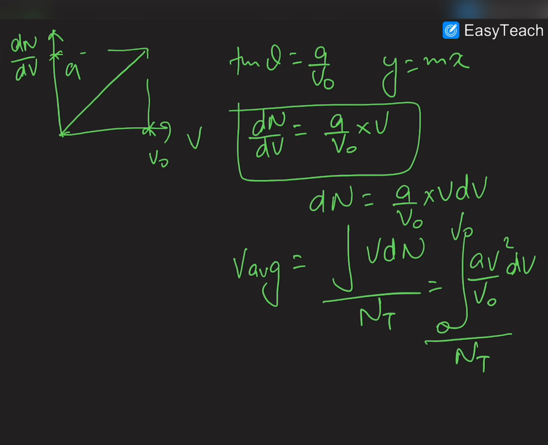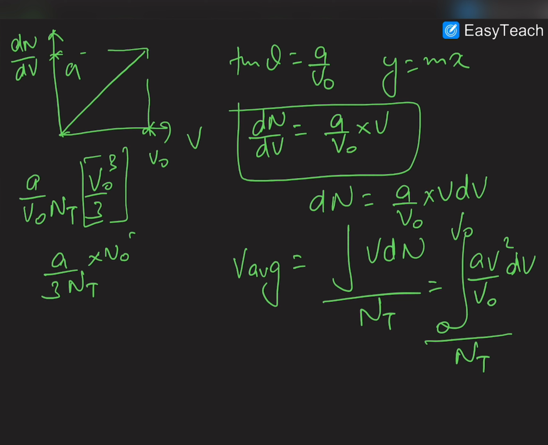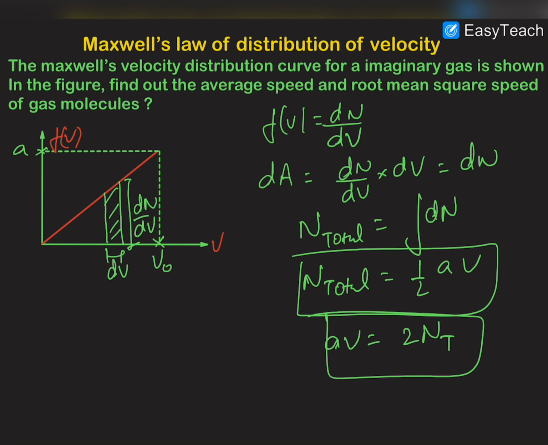So you can see that this would be A by V0 is common, this is n total, and the integration of that would be V cube by 3, and if we apply the limits then it would be V0 cube. So this is A by 3 NT into V0 square, and you can see that A V0 is 2 NT.